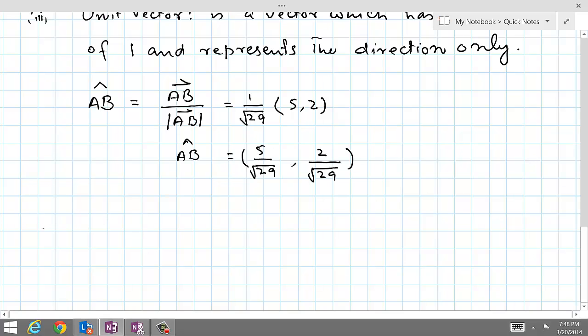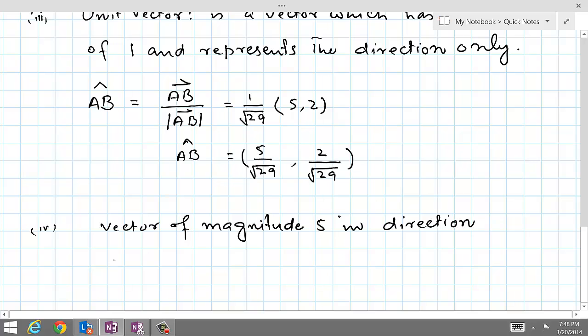So the last part, this is fourth: a vector of magnitude 5 in direction of vector AB, either in this direction or AB unit vector, because both have the same direction. Just multiply, because the unit vector has magnitude 1. If we multiply it with 5, that will be equal to 5.